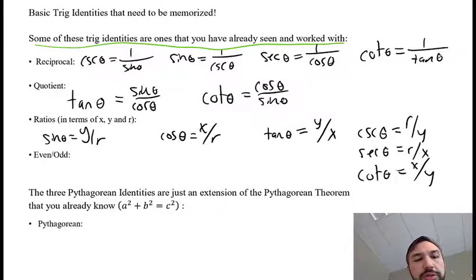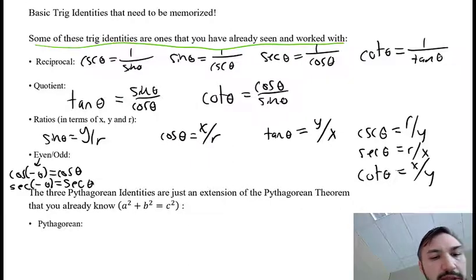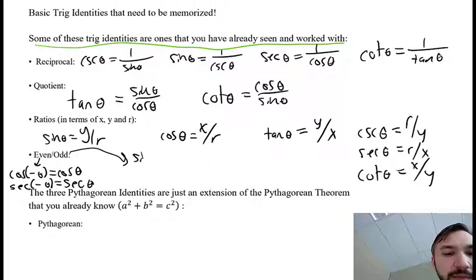I showed you, but you haven't had to use too much, the difference between even and odd functions. So you need to know which trig functions are even and which ones are odd. The 2 even ones would be cosine and its reciprocal. And what it means to be even is whether you plug in a positive angle or a negative angle, you get the same thing. And then the other 4 are going to be odd.